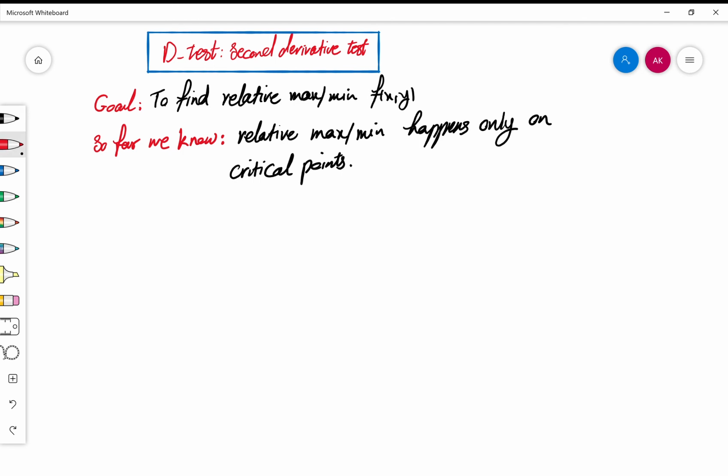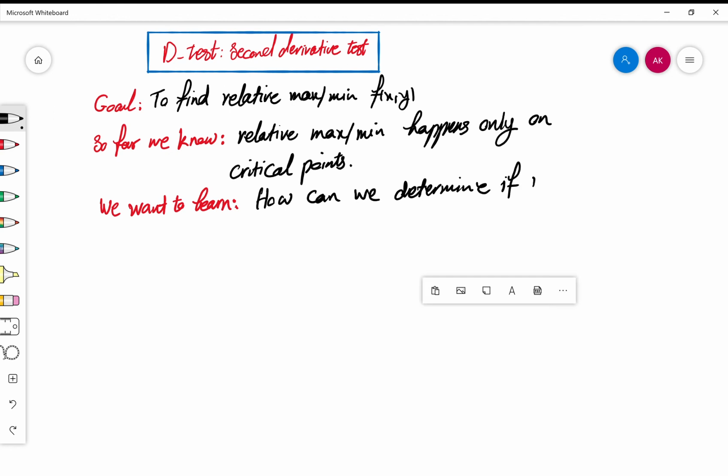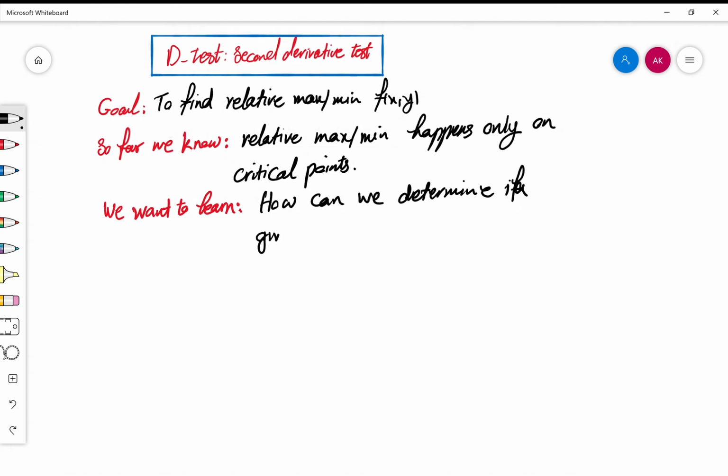Okay, so then the next step we want to learn is how can we determine if a given critical point is relative max or min or neither.